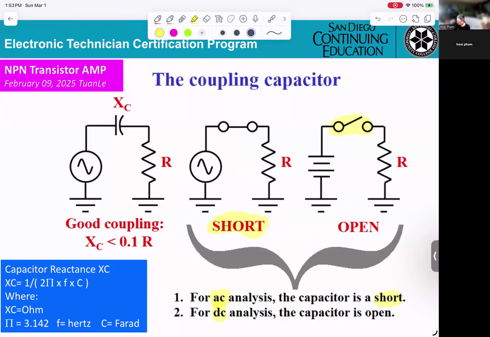For DC analysis, the capacitor is open. So you understand, when the capacitor is connected into the AC circuitry, it will be shorted, just like a wire. However, if it is connected into the DC circuitry, then it will be open.